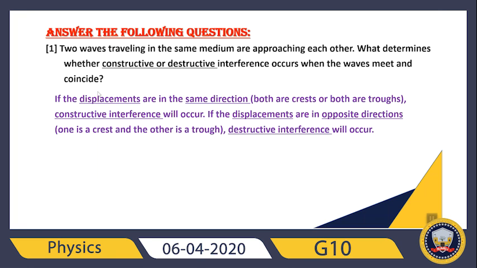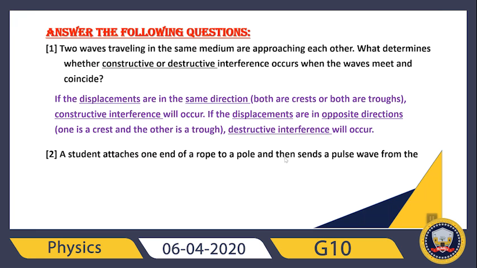If the displacements are in the same direction, which means both are crests or both are troughs, it will be constructive interference. But if the displacements are in opposite directions, it means one is a crest and the other is a trough, so it will be destructive interference. Okay? So it depends on the direction of the displacement. If they are the same direction, it will be constructive. If it is in the opposite direction, it will be destructive.